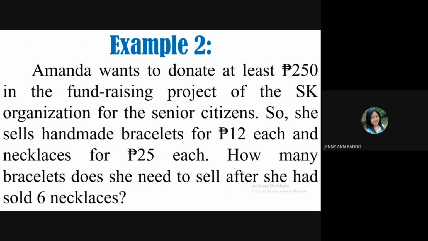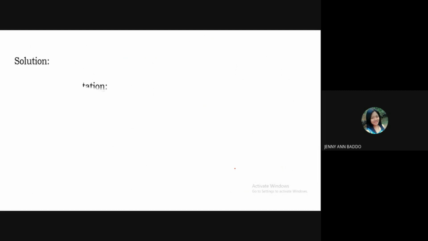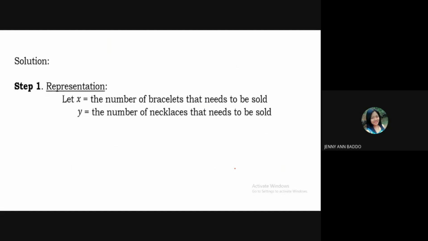To solve the problem, we have to represent first the necklace and bracelet. Let x be the number of bracelets and y be the number of necklaces. And for our mathematical sentence, each bracelet costs 12 pesos and each necklace costs 25 pesos.